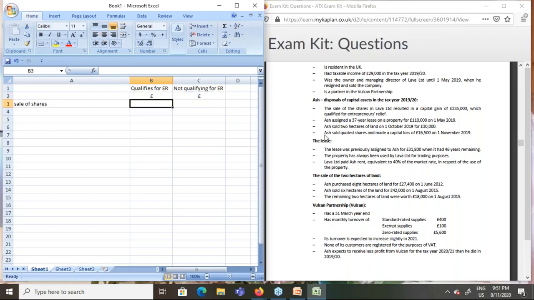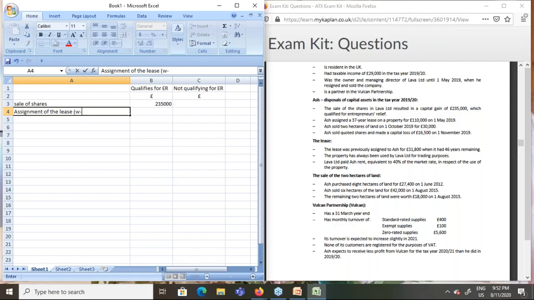So sale of shares, the question itself specifically states that a capital gain of £235,000 qualifies for ER. And then Ash assigned a 37-year lease on a property for £110,000 on the 1st of May 2019. So then we'll take a separate working to calculate the chargeable gain from the assignment of the lease.